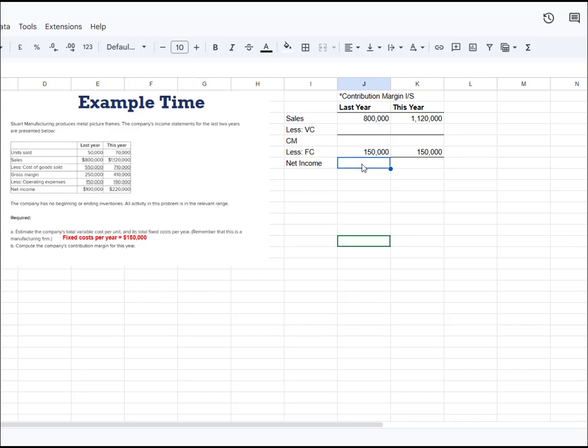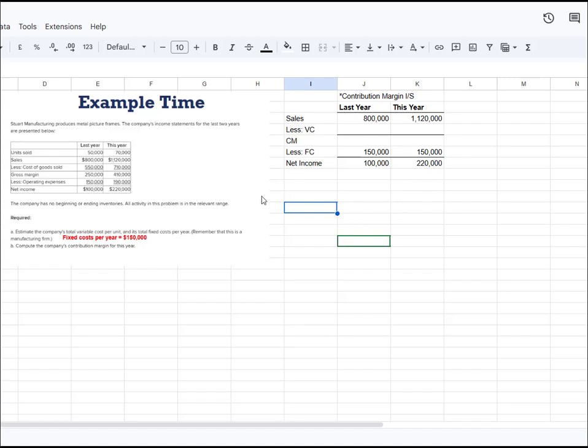Okay, and I know that my net income is going to be the same. It's 100,000 and 220,000. And the reason is I'm not creating or eliminating costs. I'm simply organizing cost of goods sold and operating expenses according to their cost behavior. Are they variable or are they fixed costs? Okay, so what am I going to do?